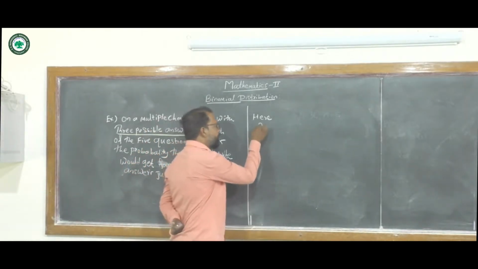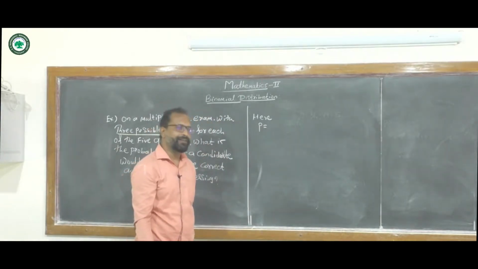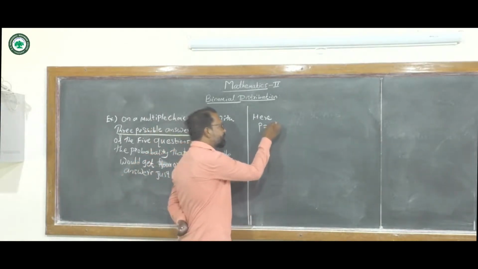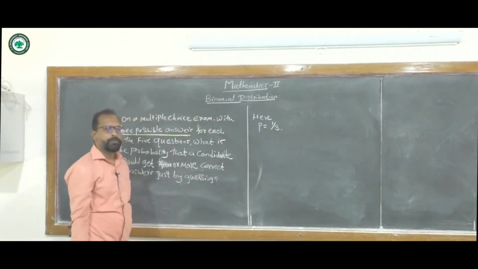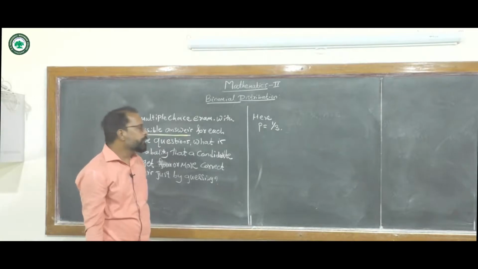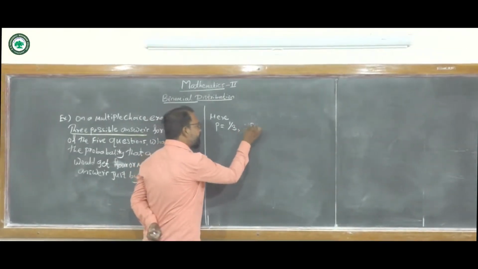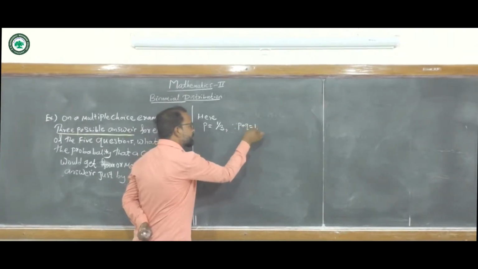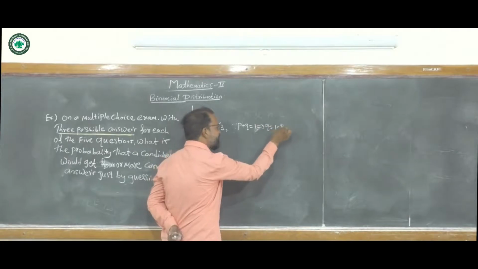So the probability of selecting the correct alternative, that is the probability of success, becomes 1 by 3. Now again, since p plus q is 1, which implies that q equals 1 minus p.